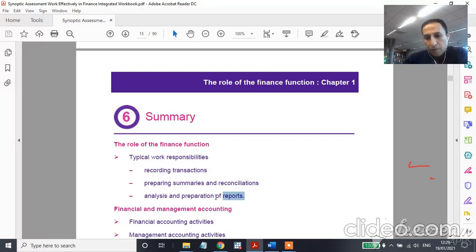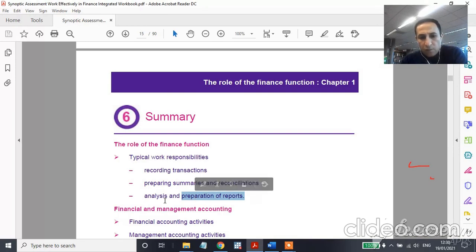Obviously it is necessary to analyze your statements, for example, the statement of profit and loss. If your sales are decreasing or declining compared to last year, you have to investigate what the reason is. If your expenses are increasing, you have to investigate what is causing the increase in your expenses.